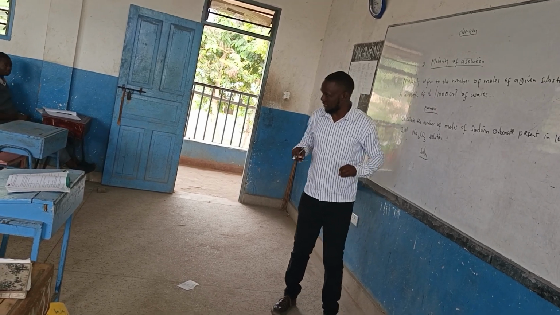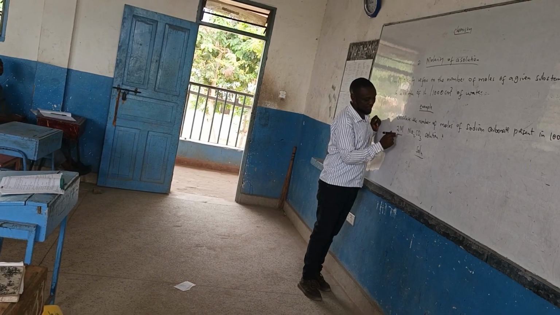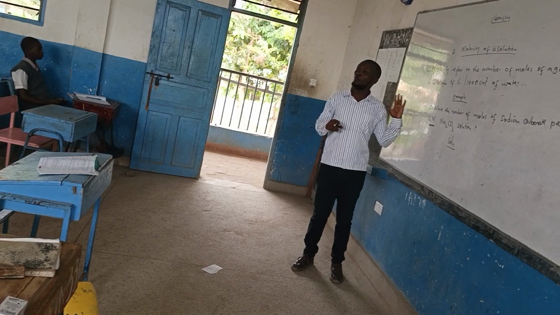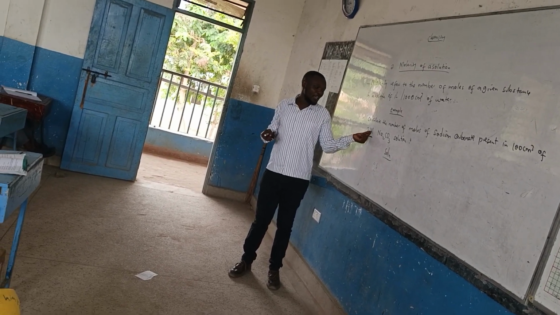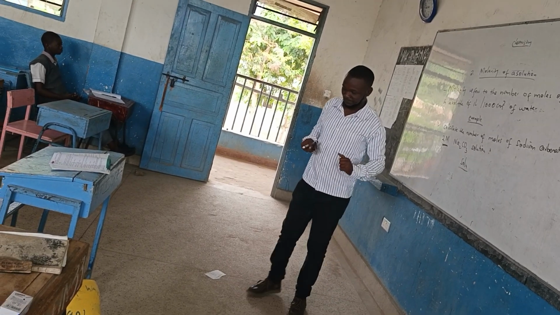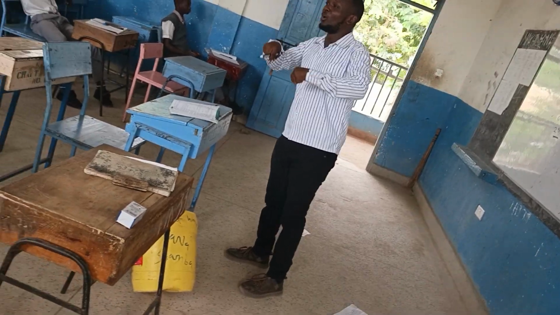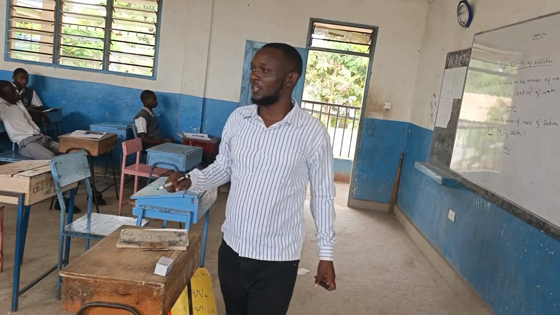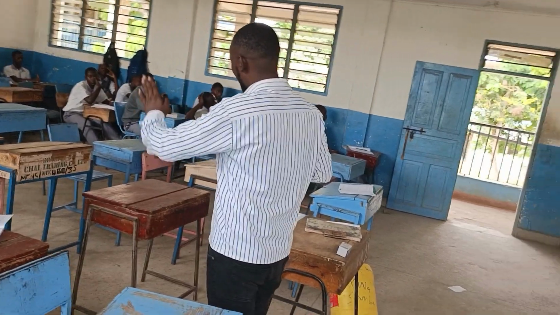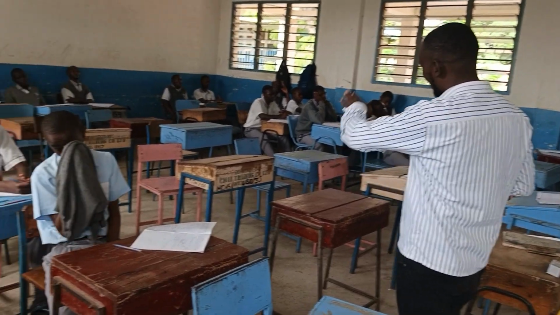Anytime you see such a question, you are given the molarity. Like in this case, you are given the molarity to be 2 molar. The capital M simply means molar. Can you say molar? Molar. Yes, 2 molar. That means you have been given the number of moles in 1 liter. 2 molar simply means the number of moles in 1 liter of water, the number of moles in 1,000 cubic centimeters of water.